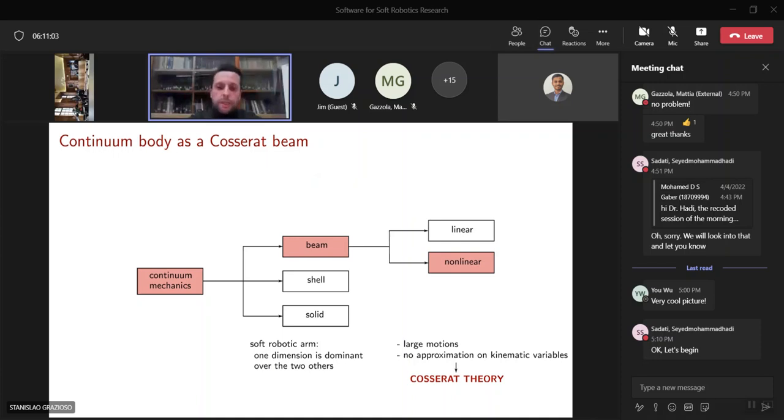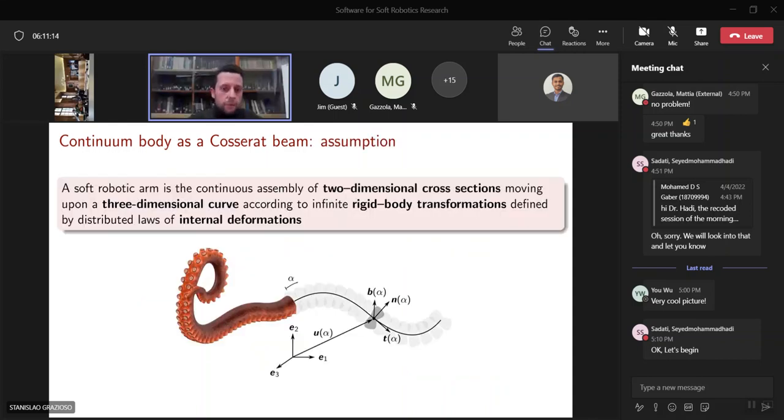Cosserat rod theory is a nonlinear theory which allows the accounting of large motions without approximation on kinematic variables. The assumption is that a soft robotic arm can be seen as a continuous assembly of two-dimensional cross sections which move on a three-dimensional curve according to infinite rigid body transformations of the cross sections, and these infinite rigid body transformations are defined by the internal law of deformations.